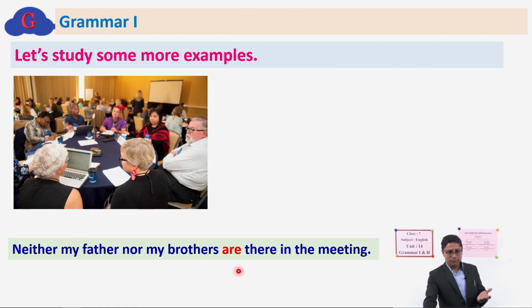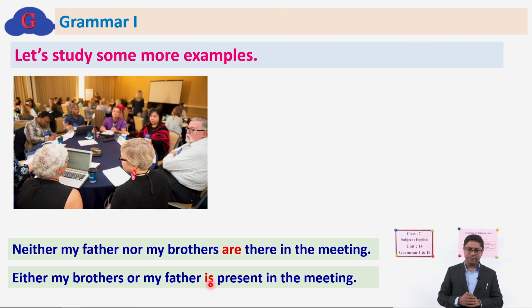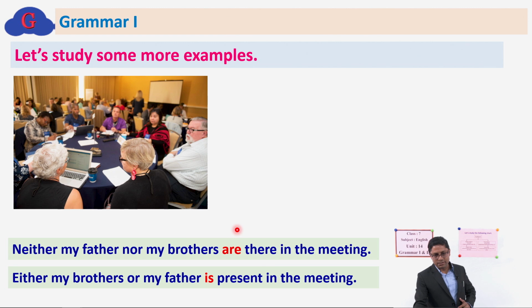So, see here we have used are, and look at the next sentence again. You find similar words there. Either my brothers or my father, and this time we have is, present in the meeting. See here, are and is. What might be the difference? Can you guess why there is are in the first one and is in the second one?